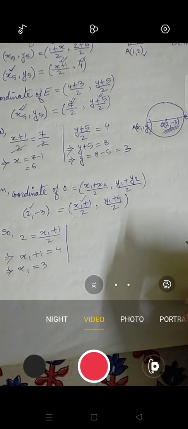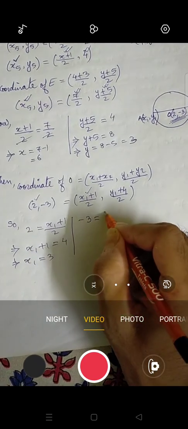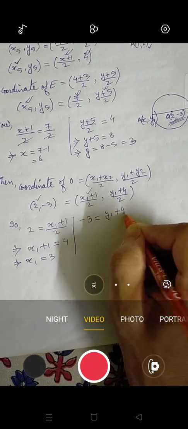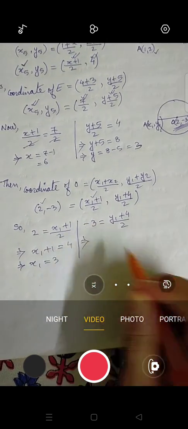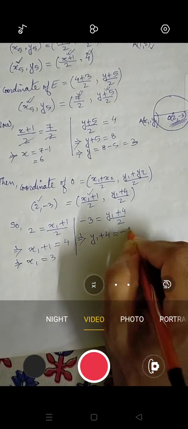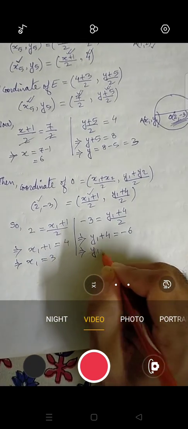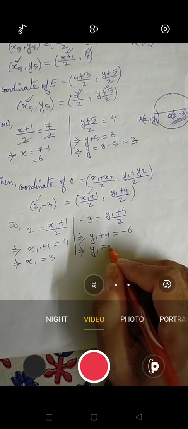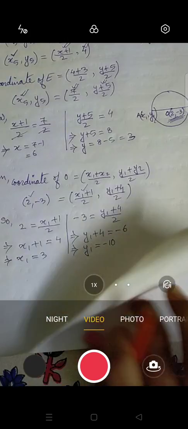Same way, minus 3 equals (y1 plus 4) by 2. Now this 2 will transfer here, so y1 plus 4 equals minus 6. Now this 4 will transfer there, it will become minus 4, so minus 10. Okay, so we got this answer.